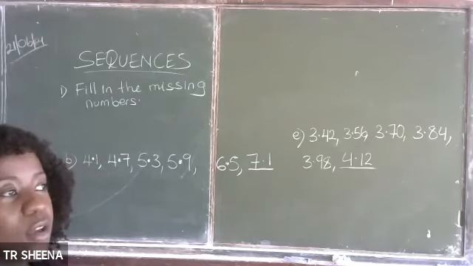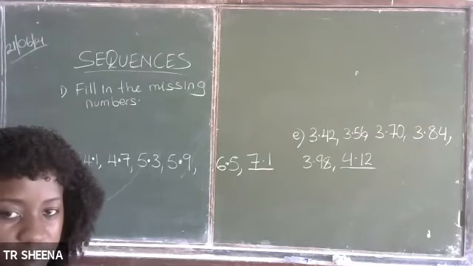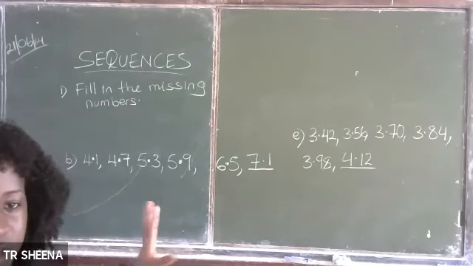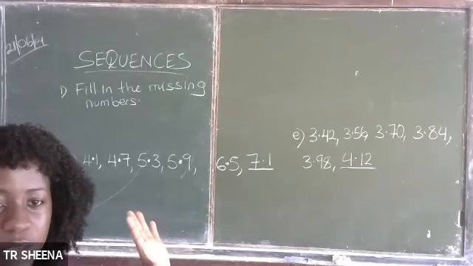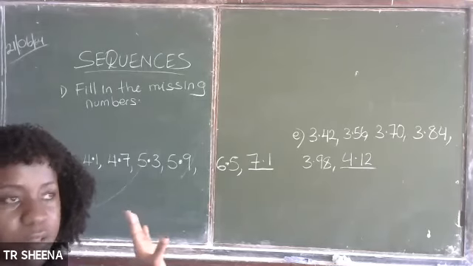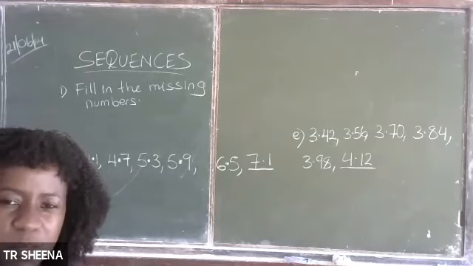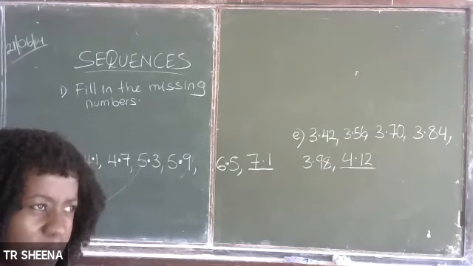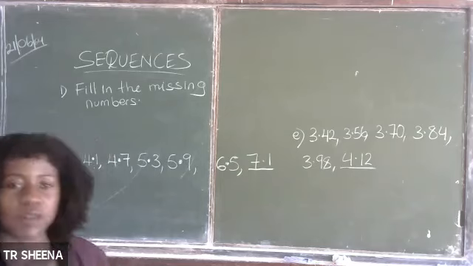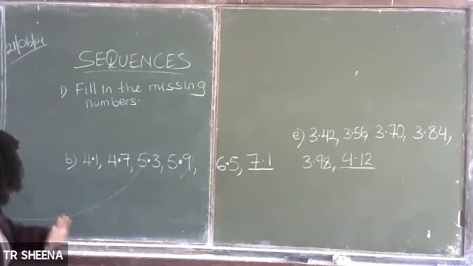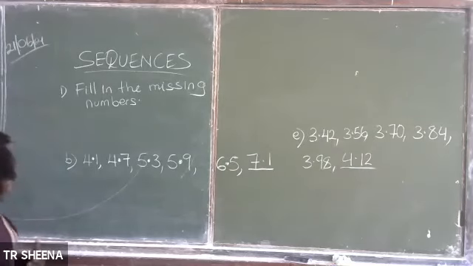And then you'll be able to tell because you've come up with the sequence, but these sequences, I've just put them on the board. You don't even know where I've got them from. So you are just trying to think, did this person add? Did this person multiply? So that's why it is trial and error. You just keep trying until you come up with a particular pattern that you can follow.